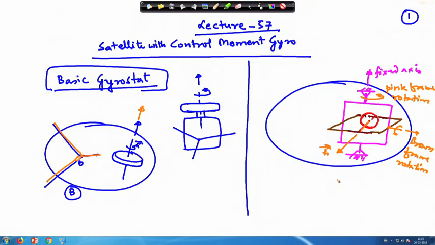The h vector, which looks like this, because of the pink frame rotation will rotate to this direction. Say this is initially horizontal, so it will come to this position. So the change goes from this position to this position, this is the delta h, initially this is h.